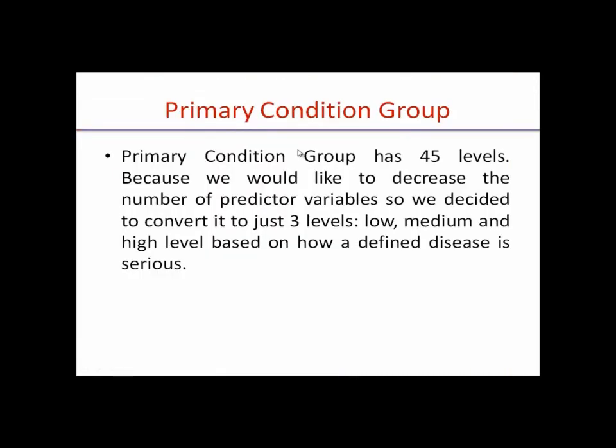This newly created file has 68 predictor variables, where 45 of them belong to the primary condition group. Primary condition group has 45 levels, and because we would like to decrease the number of predictor variables, we decided to convert it to just 3 levels: low, medium, high, based on how serious the disease is.